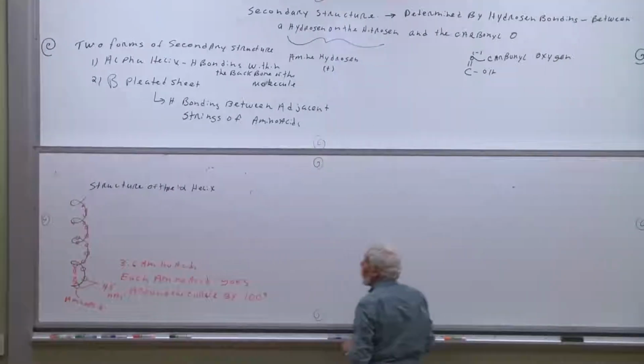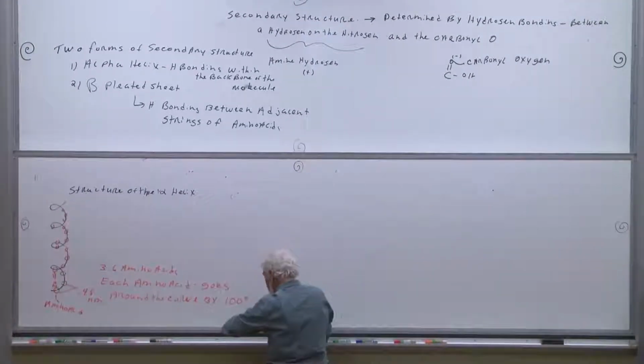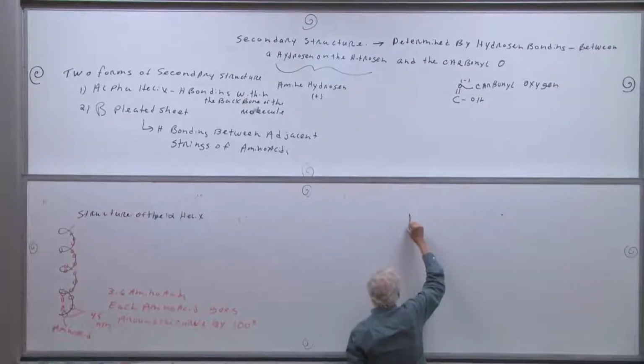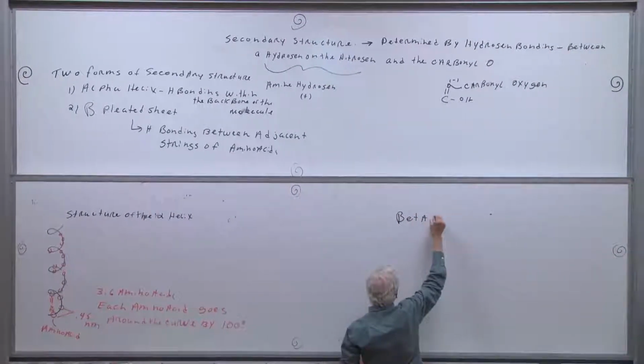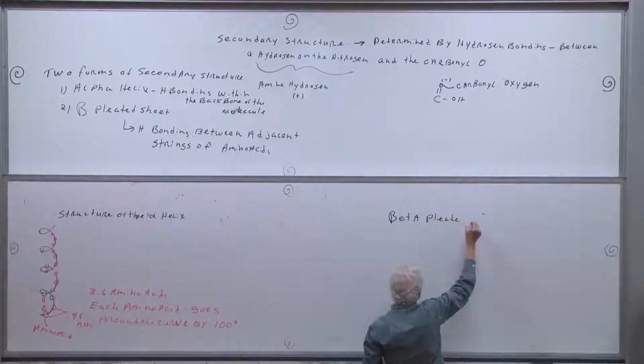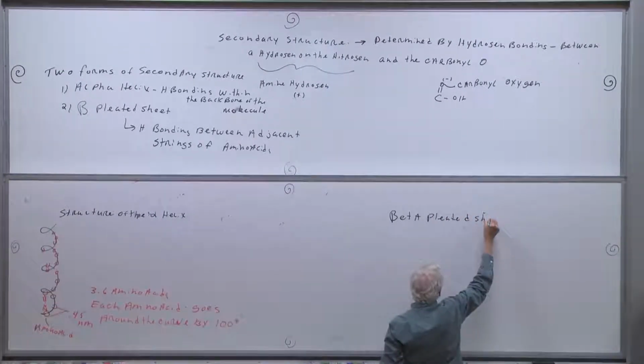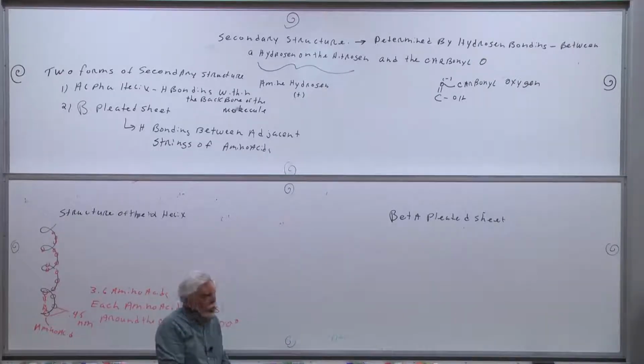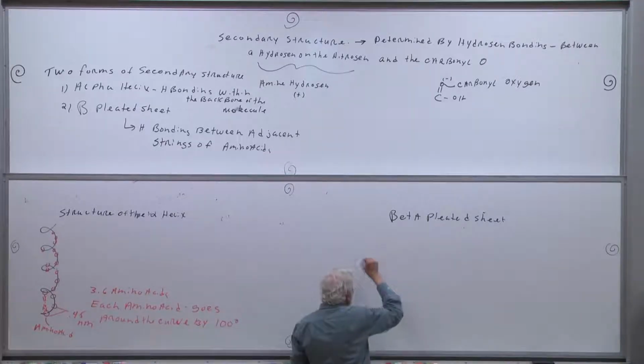But the other form of structure that we see here is the so-called beta-pleated sheet. And I'll draw this crudely first, and then I'll show you a more accurate depiction of it when we look at a slide.